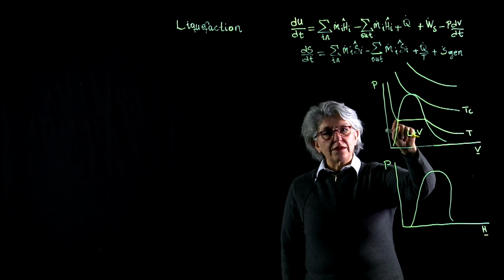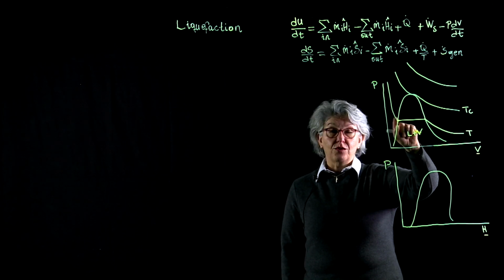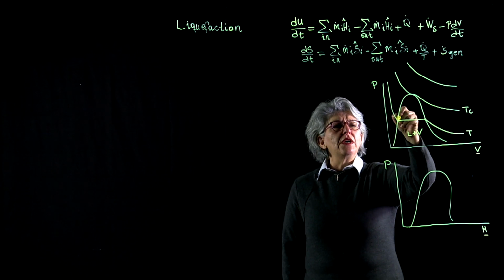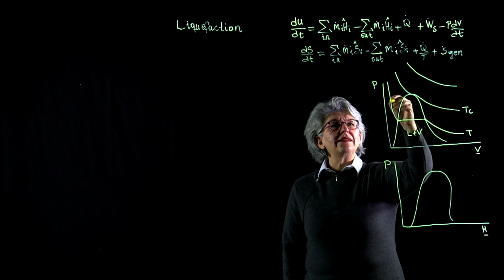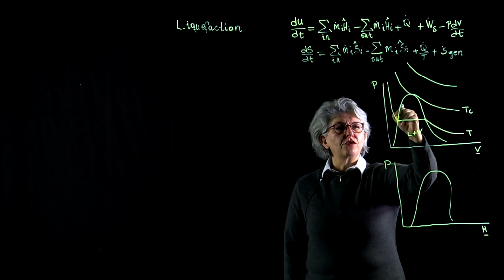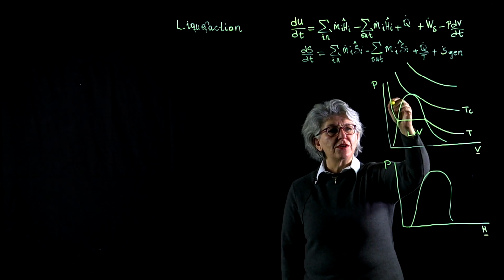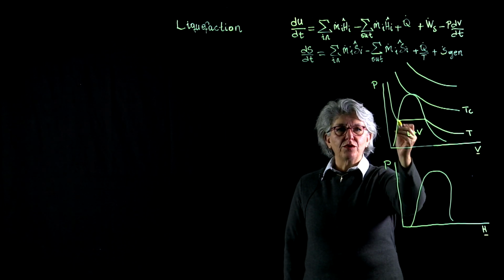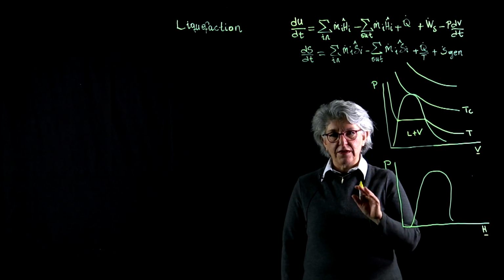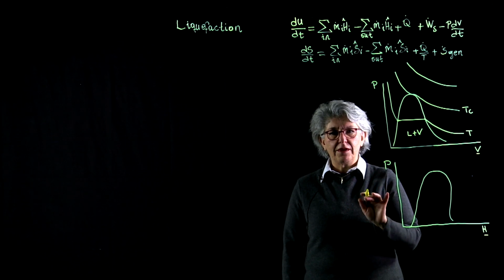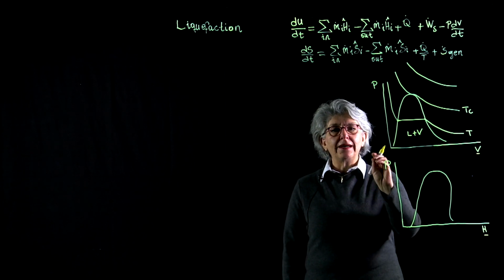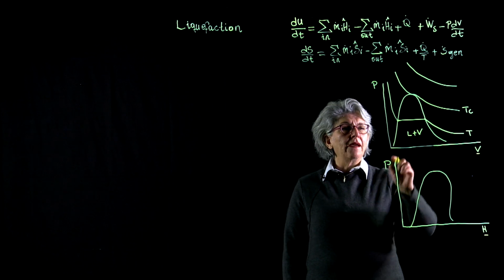After 100% of this fluid is in the liquid state, further compression does not induce too much change in the volume. So we have an abrupt increase in pressure, but very small decrease in volume. So this is the behavior in the vapor-liquid coexistence domain under subcritical conditions.